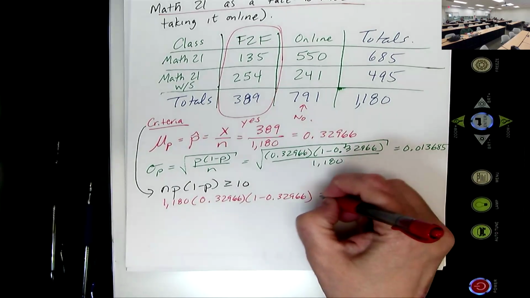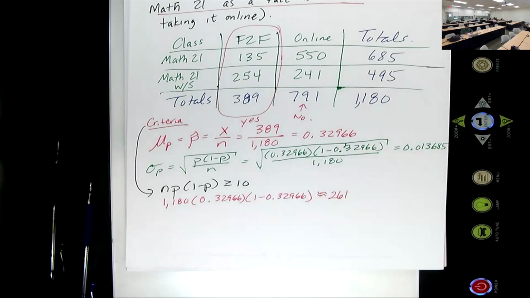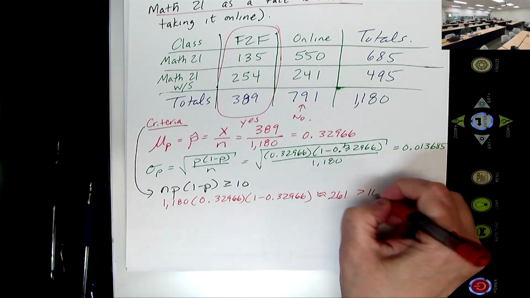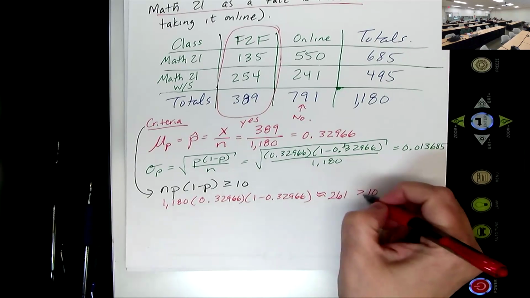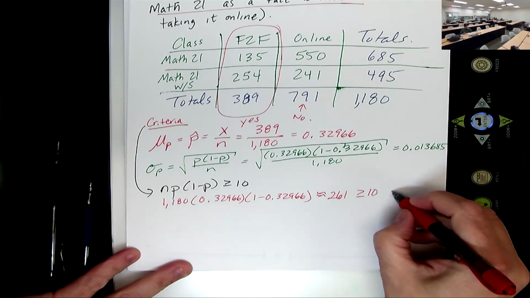And I'm getting approximately 261 if I round it, which is definitely greater than or equal to 10. So that criteria is met.